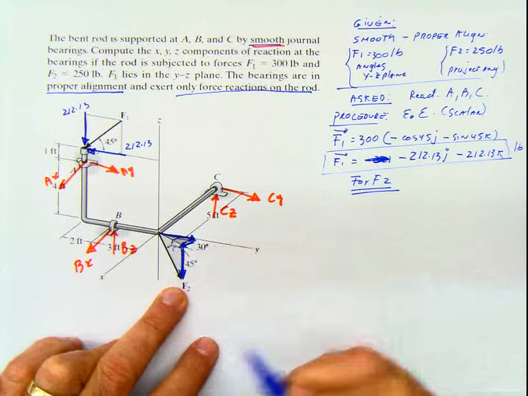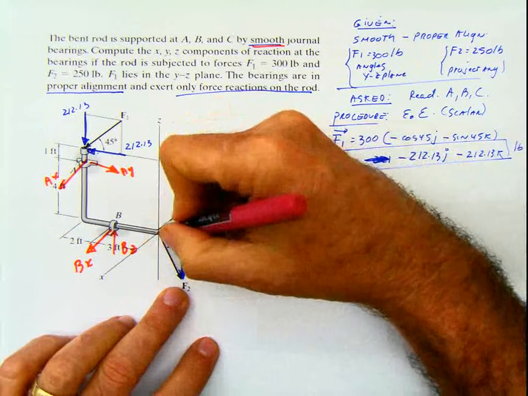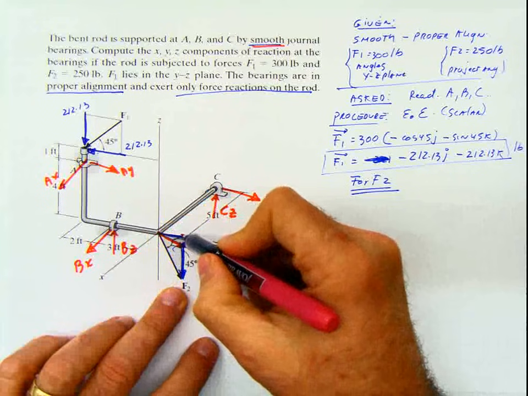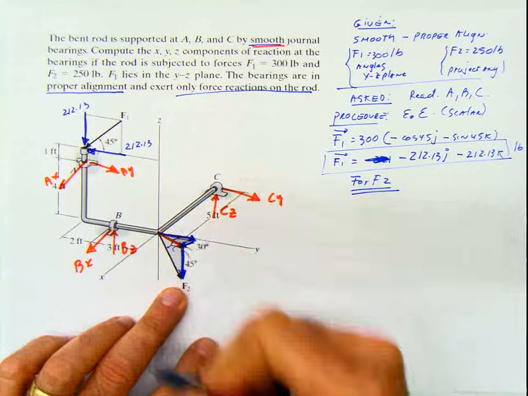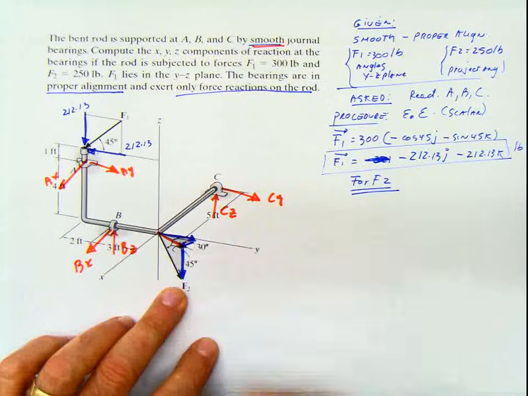And I have these two angles here. Remember how we did this last time? First we calculated this projection over that plane, and then we go cosine and sine. And for the Z, it's directly the sine of this angle.